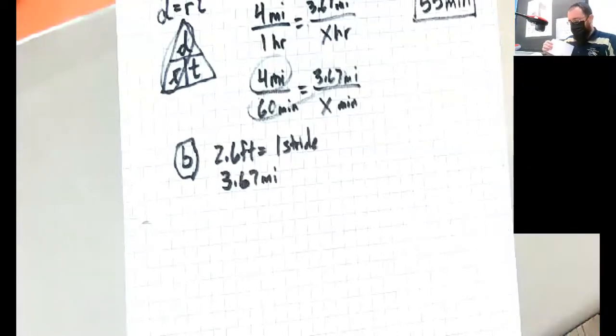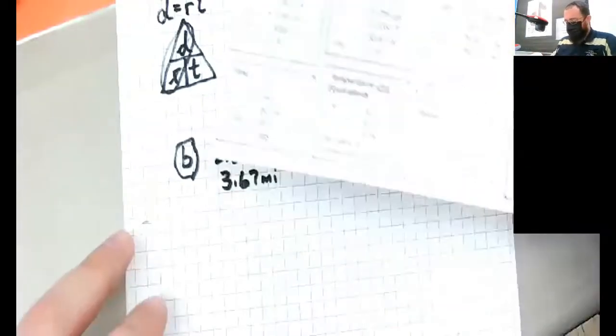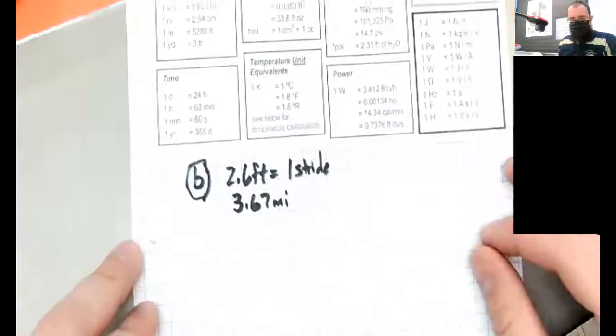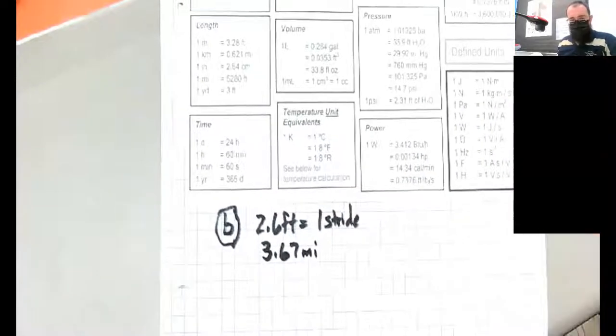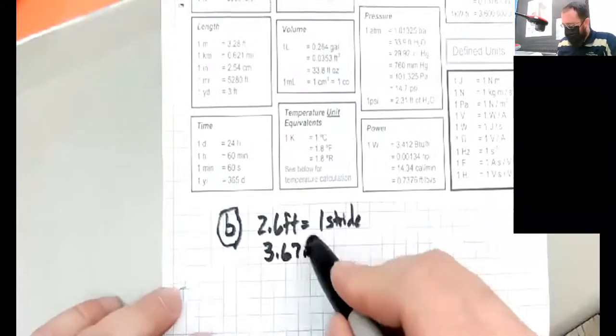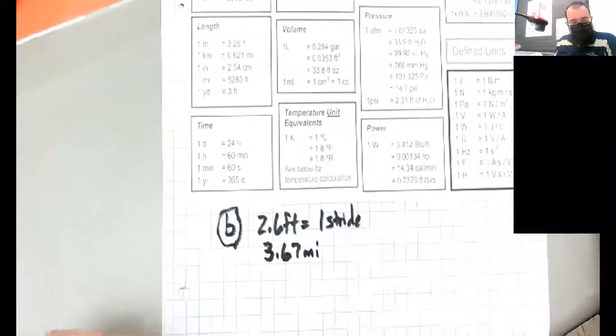I do need something from my conversion chart. Look at the units that we have in our sentence. We have miles, we have feet, we have stride. How am I going to relate miles to feet?